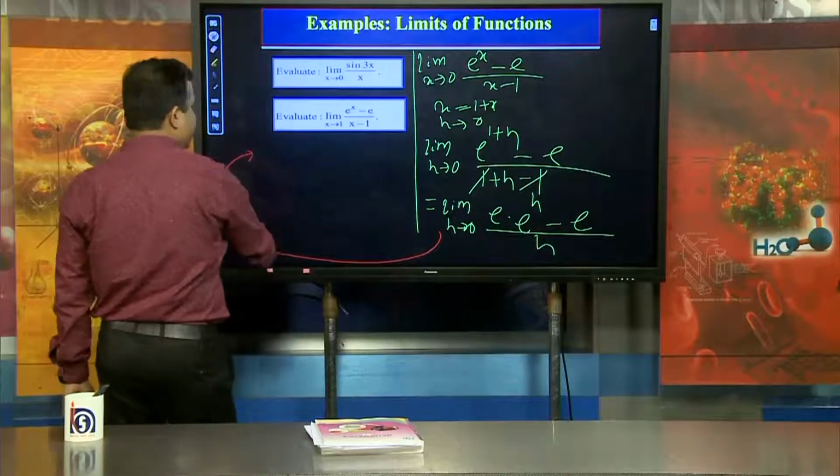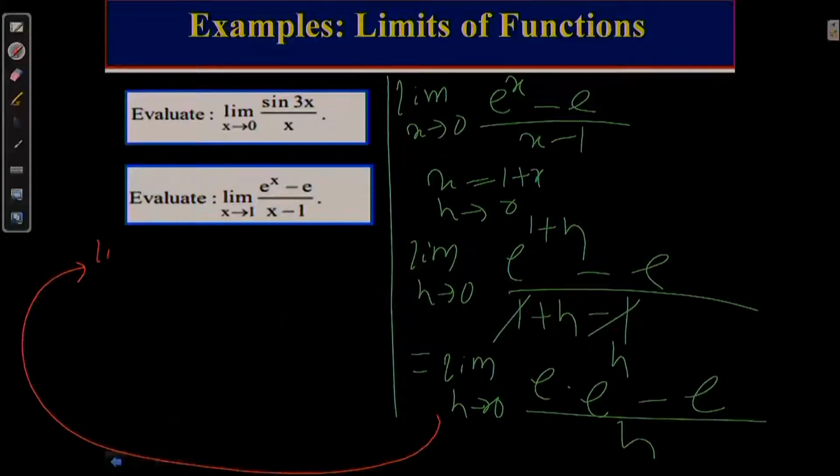When we simplify, the result becomes limit h tends to 0. Remember, I have taken e as a common factor, so that value equals e to the power h minus 1 divided by h.